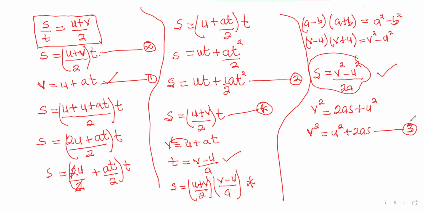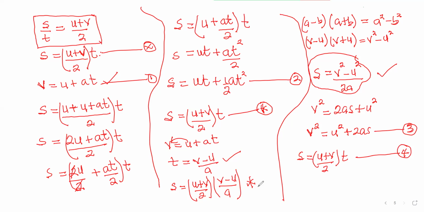Sometimes other books will quote a certain fourth equation. The fourth equation is nothing but the average velocity equation: S is equal to U plus V all on 2 times T. This is what other books quote as the fourth equation.